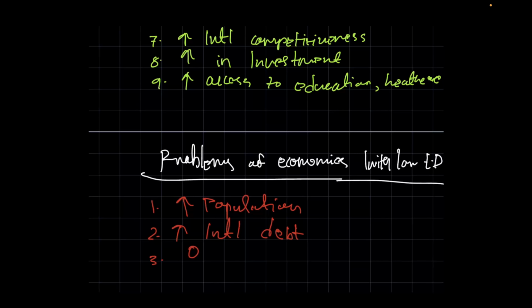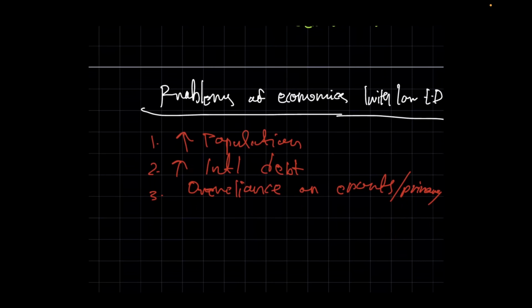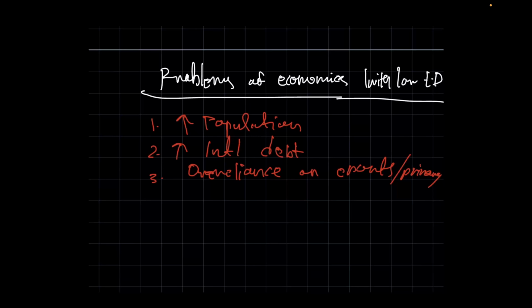Then there is over reliance on exports or primary sectors. Now this could be, basically you have economies that are completely reliant on their agriculture or on their exports. These economies are always at risk, because in case there's any war or anything negative that is not controllable, that could massively impact the entire economy.